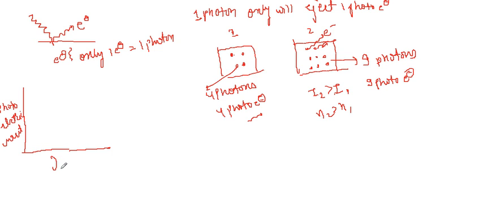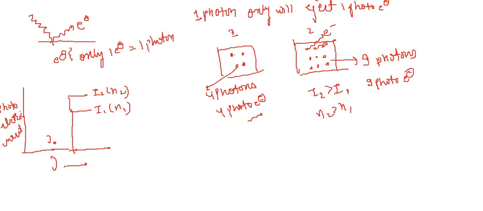This is frequency, and suppose this is nu naught, the threshold frequency. Obviously the frequency should be greater than the minimum required frequency, that is the threshold frequency. If we draw the curve, I2 has photocurrent N2 and I1 has photocurrent N1. When the frequencies are the same, the photocurrent in case of 2 is more than the photocurrent of 1.